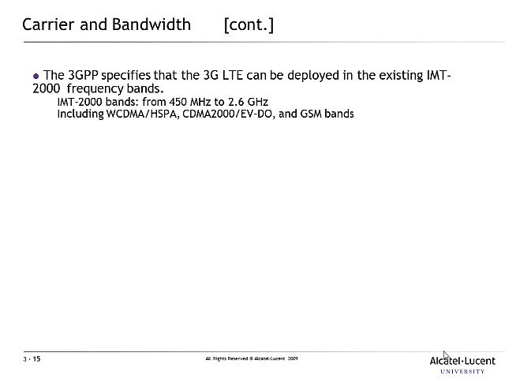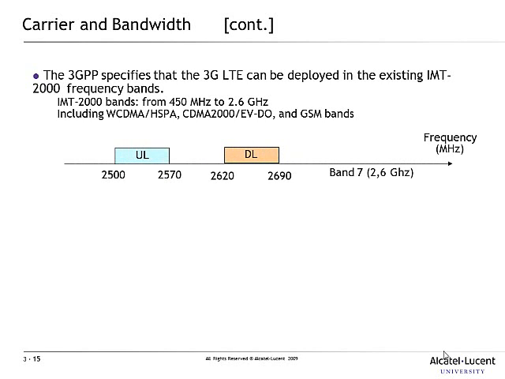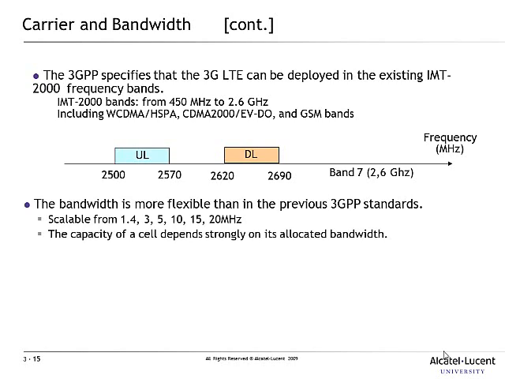They've spent millions purchasing it. They should be able to reuse those bands. Okay, so for LTE, apart from the existing bands, there are also bands specified in the 2.6 gigahertz range. There's a band of frequencies between 2500 and 2570 for uplink, and between 2620 and 2690 on the downlink.